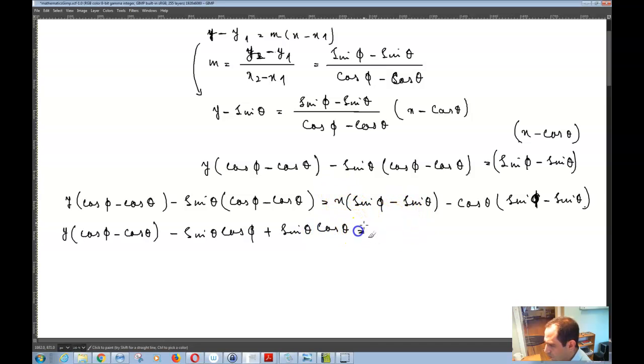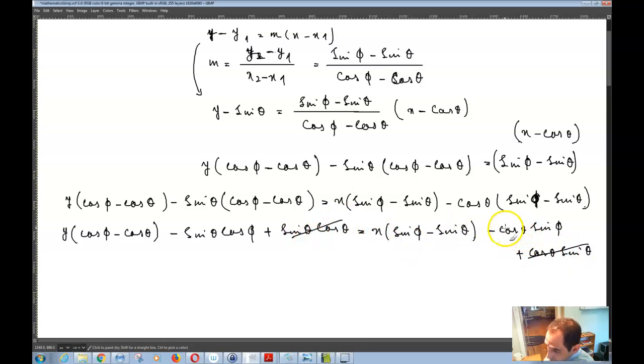And then over here I'm going to write the same thing, x times sine phi minus sine theta, and minus cos theta sine phi plus cos theta sine theta. Now plus sine theta cos theta and sine theta cos theta can cancel out.